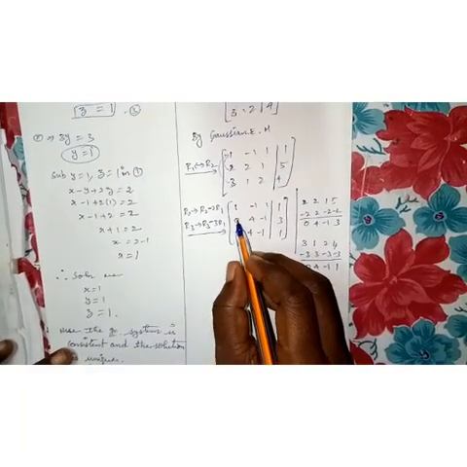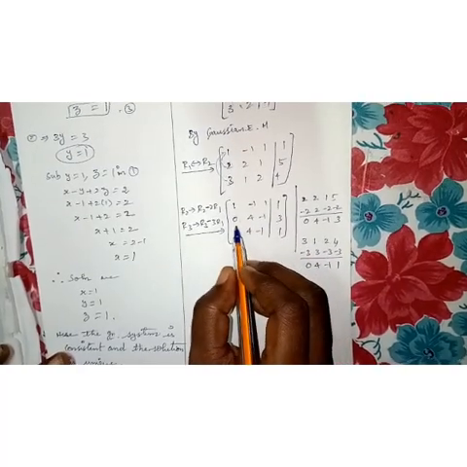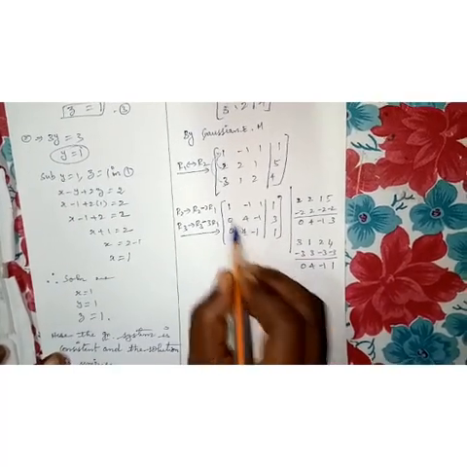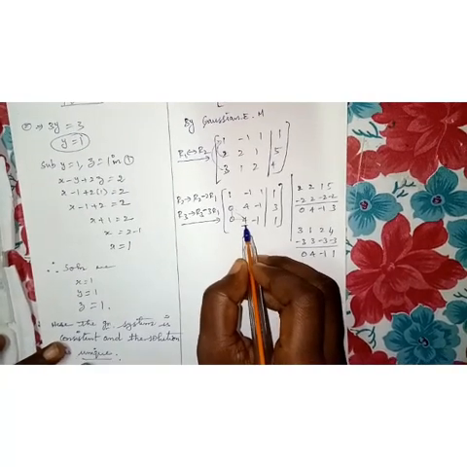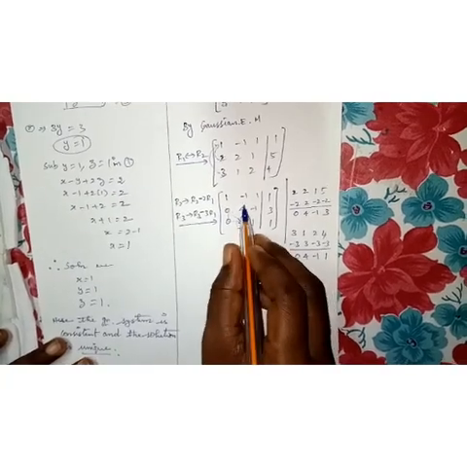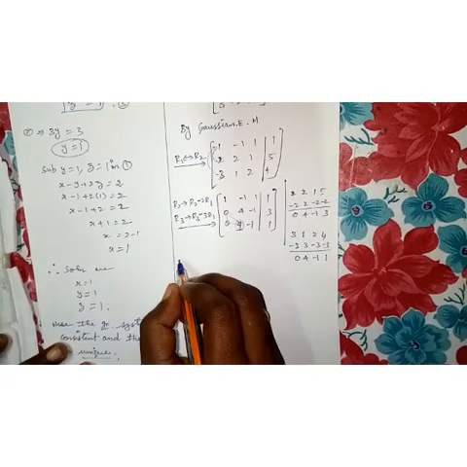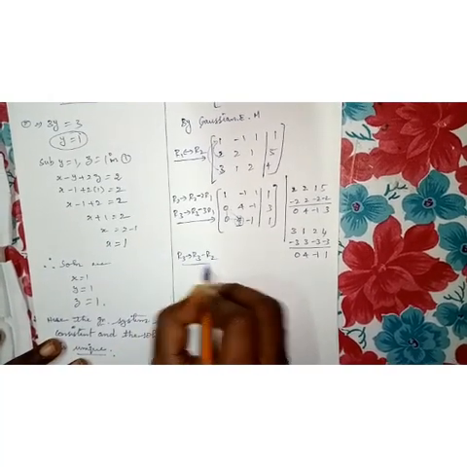After converting these two elements to 0, what is the next step? To make the triangle shape, we want to convert this element to 0. Since the two elements are the same, we subtract: R3 becomes R3 minus R2.